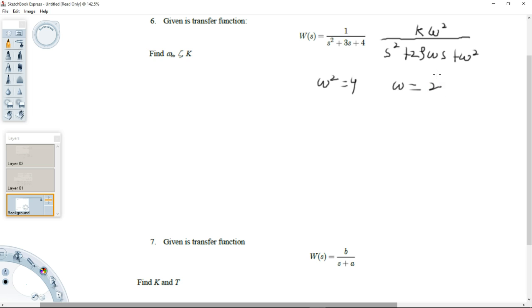Omega can't be a negative number, so we know that it's positive. After you found omega, let's find k. You know k omega squared, which is on top, needs to be equal to 1. And you already know omega squared is 4. So in this case, k would be equal to 1 over 4.